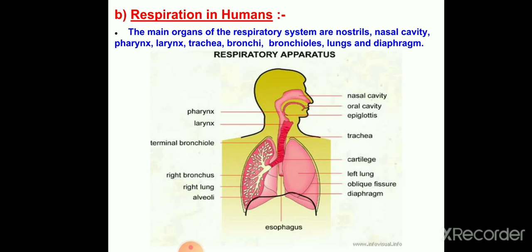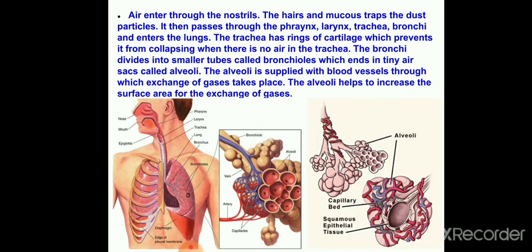See the diaphragm and the esophagus here. When the diaphragm moves up and down, it creates pressure on the lungs, by which air is inhaled or exhaled. We will see this in detail shortly.